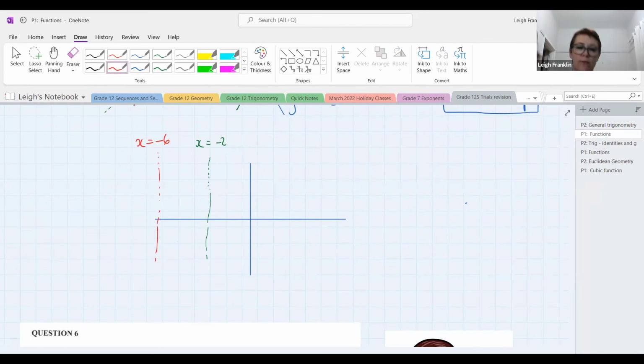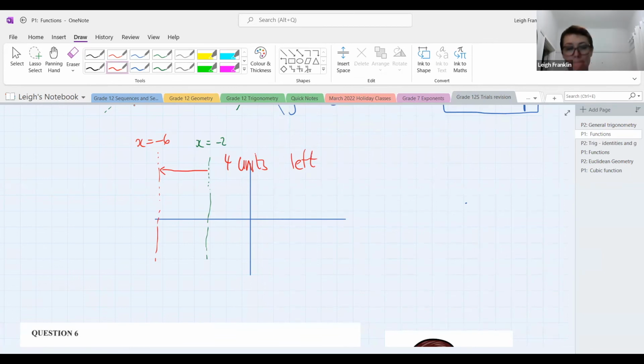So it's gone from the green to the red. That means that we have to have moved 4 units to the left-hand side. 4 units left.